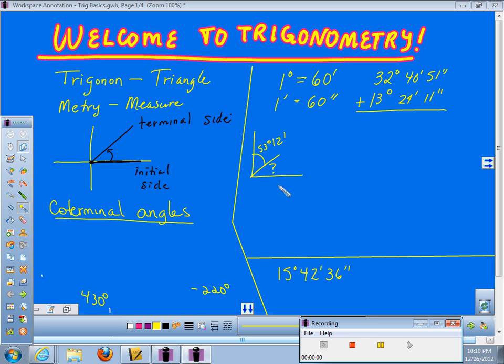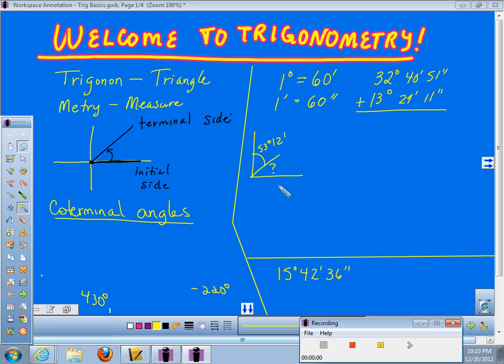However, today is what I call trig basics. What are the basic facts you need to know to pretty much work any trigonometry problems? The first part, of course, is if we're working with angles and we're working with a coordinate system, you have to know where to place your angles.